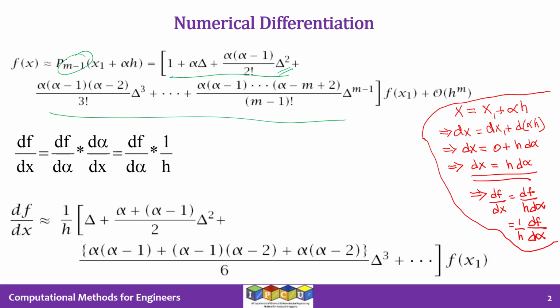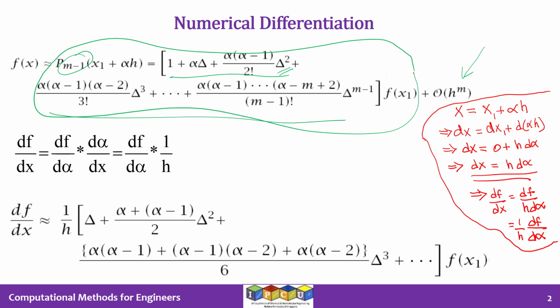And when you stop with the m minus 1th order polynomial, we are going to incur an error of the order of h to the power of m, where h is the step size or the discretization interval. So the approximate part of f is this, and the residual part of f is this.